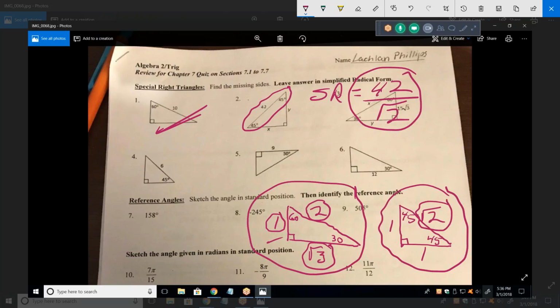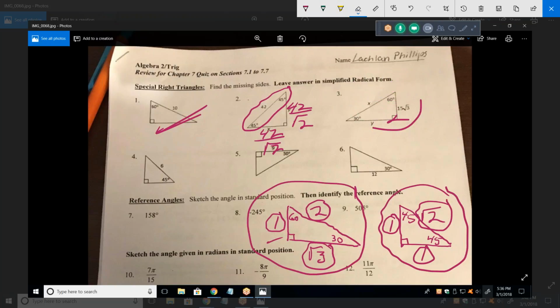Now what we do is we take our similarity ratio and multiply it by that number to get x and by that number to get y. So that's 4√2 over √2, and that's 4√2 over √2. What's wrong with that answer? It's not rationalized. In other words, that answer has an irrational denominator. So how do you rationalize it?